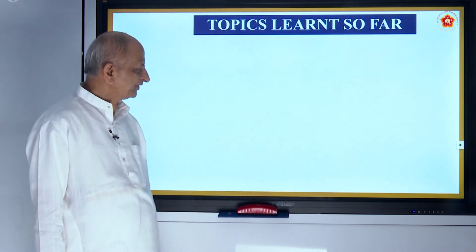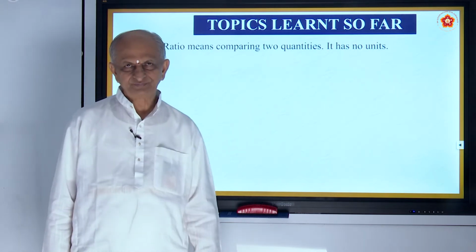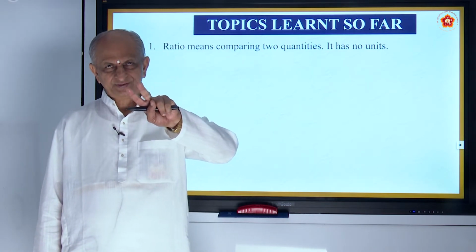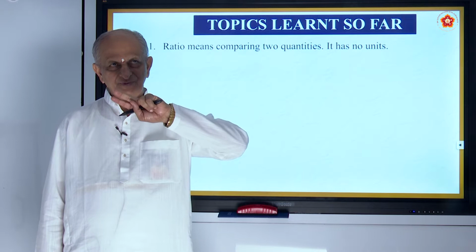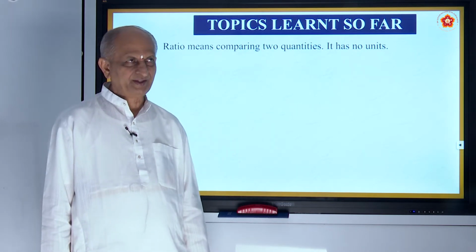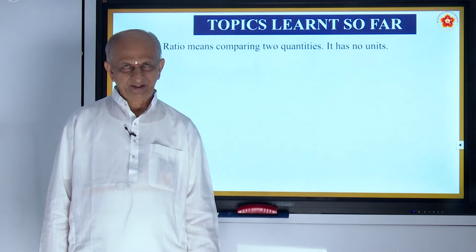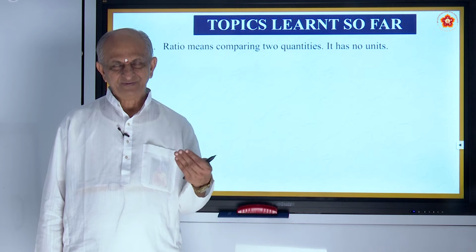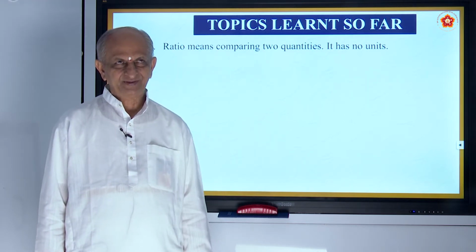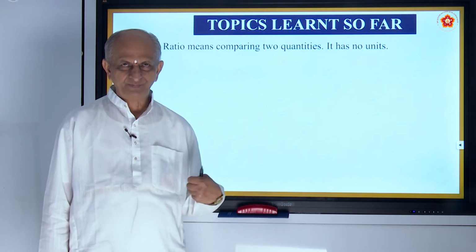Already we have discussed about ratio. Whenever you compare two things of the same units, then we write it as ratio. For example, height of two boys, Ramu and Somu.